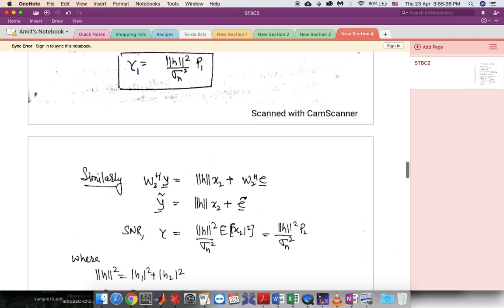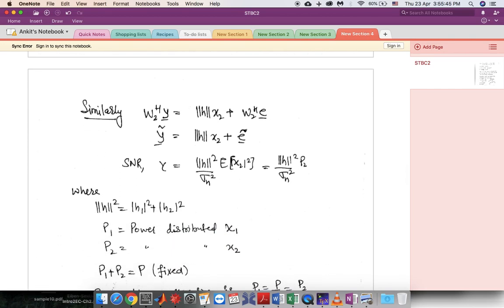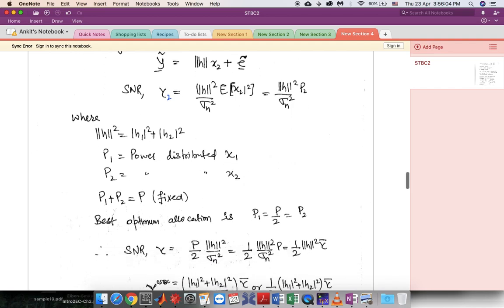So this is our first SNR, p1 times norm of h square over sigma n square. Similarly, for x2, multiply w2 Hermitian with the y vector and substitute the corresponding values, and we will get the SNR. This is our second SNR in terms of p2, norm of h square divided by sigma n square times p2, right? Where p1 and p2 are the power distributed to symbol x1 and symbol x2 respectively.